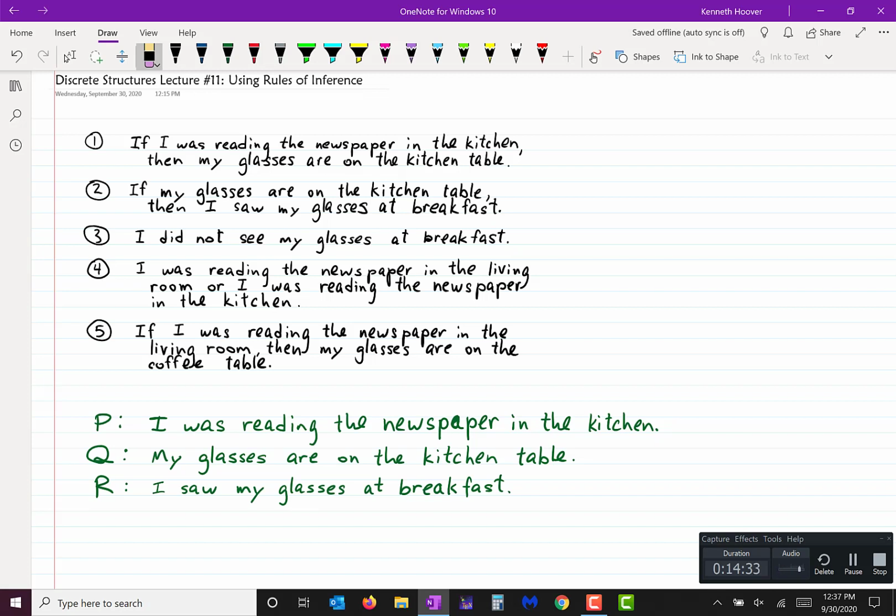What else is a statement that I do not yet have written in green? A simple statement. I was reading the newspaper in the living room.